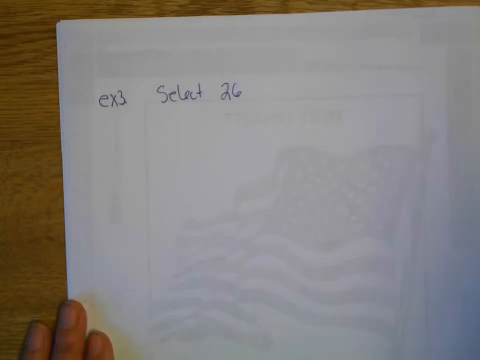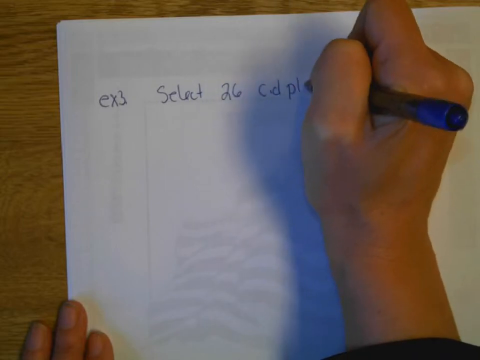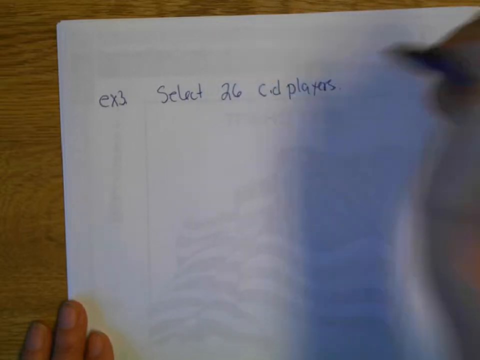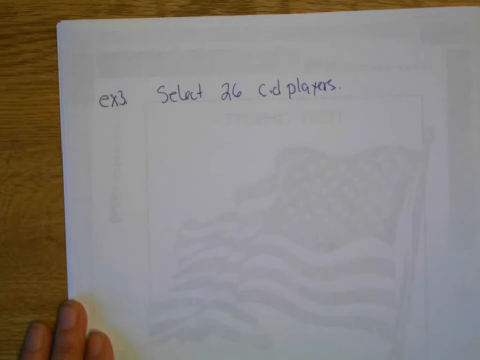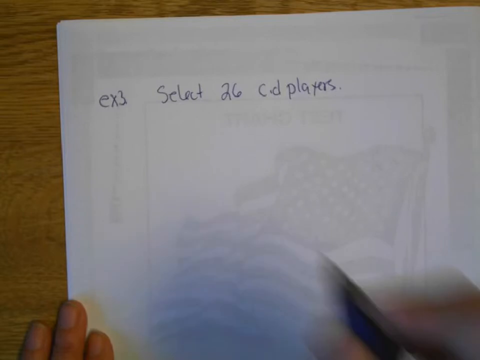Let's see, they have 26 CD players. We don't even make CD players anymore. They're irrelevant. What did you just say? Select 26 CD players. I started making that case.